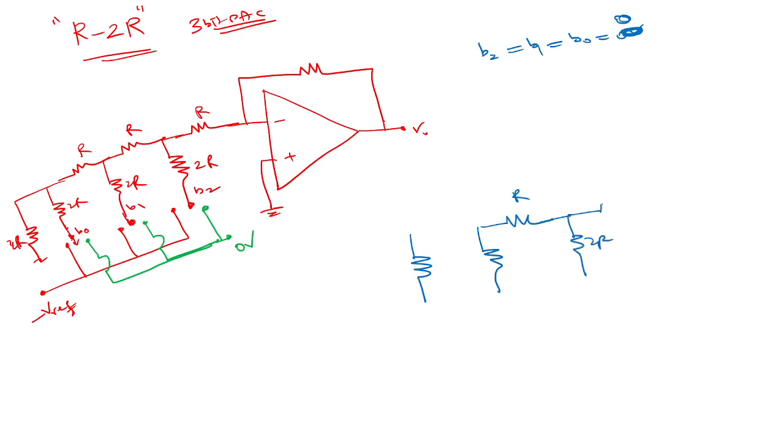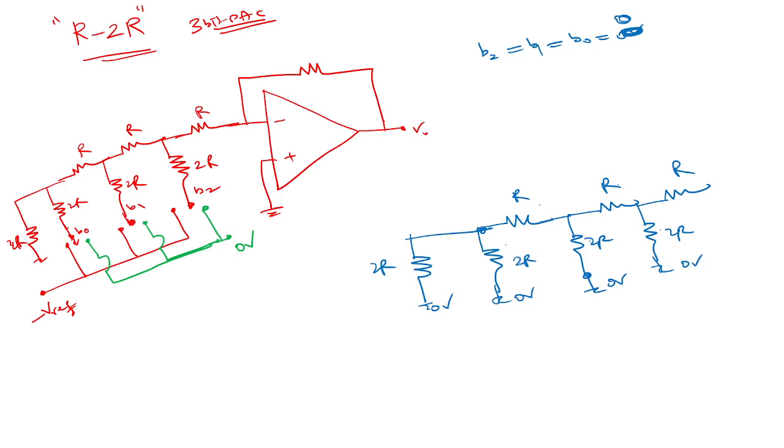This is 2R, this is R, this is 2R, this is R. You see, this is R2R, R2R, R2R, and finally there is R2R here extra. Now these are at ground, 0, 0, and 0. This is 2R.